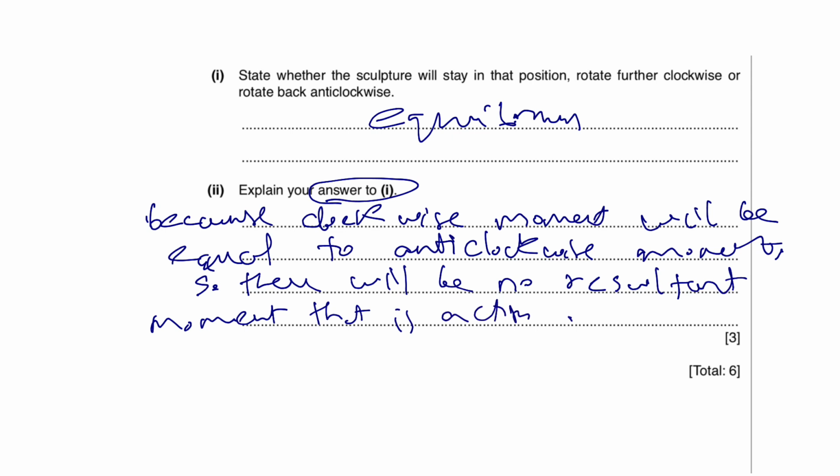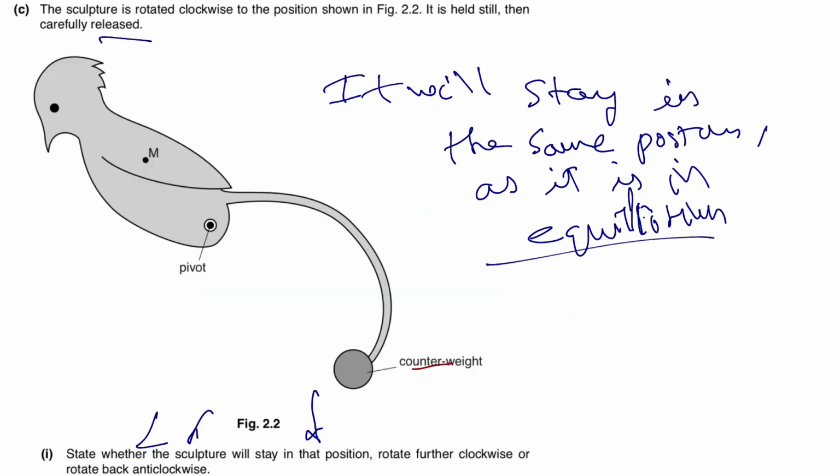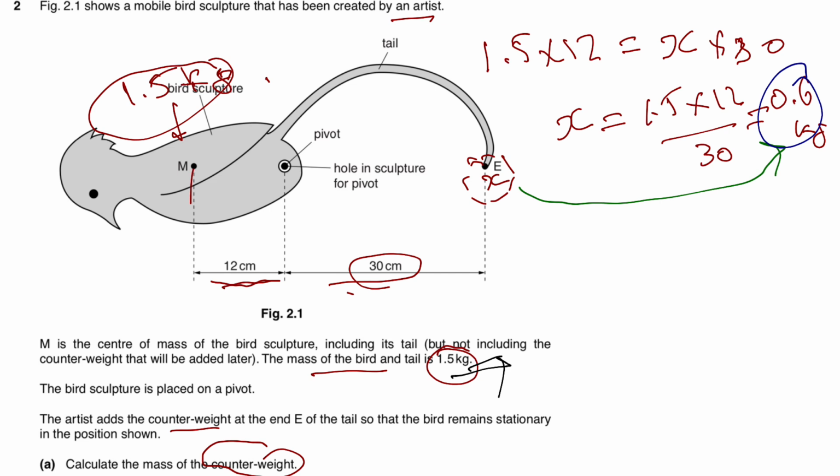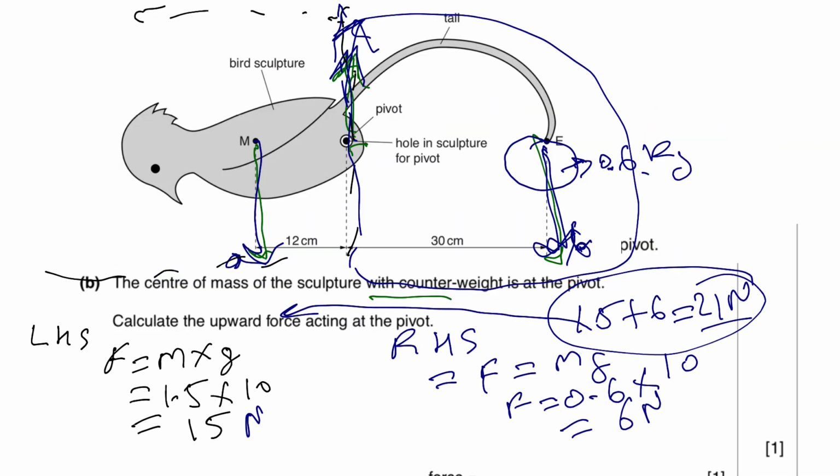And the center of mass is at the pivot point itself. The center of mass will move to the pivot point because it has been balanced. The center of mass from this side and this side, when the counterweight is added, will move here. So the center of mass will be at the pivot point.